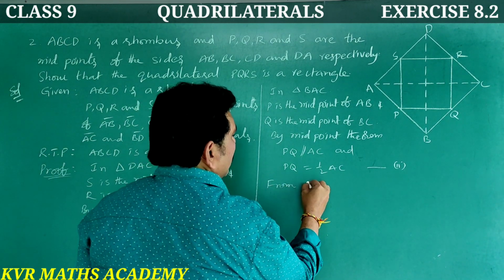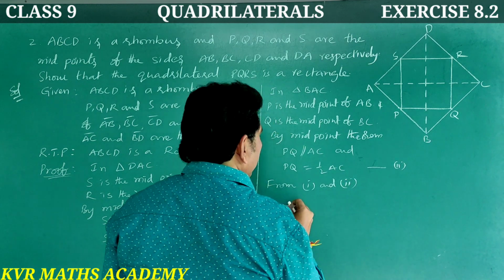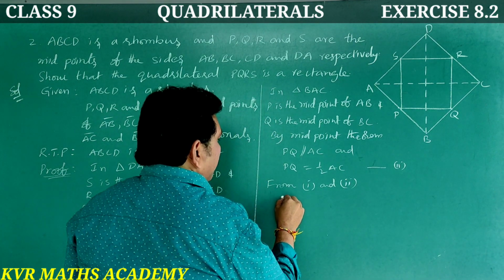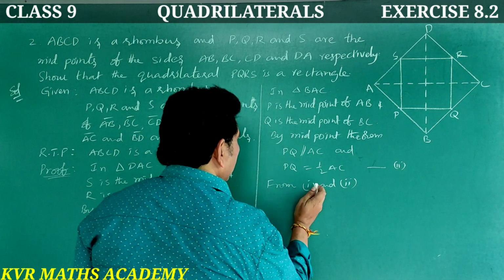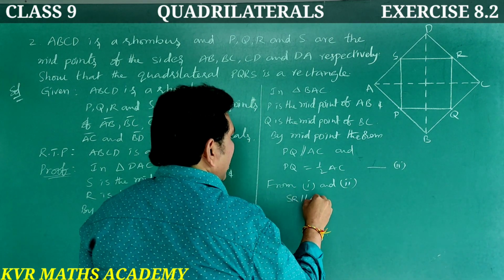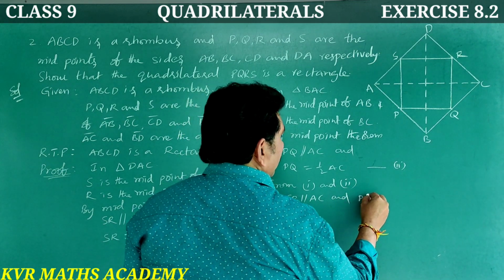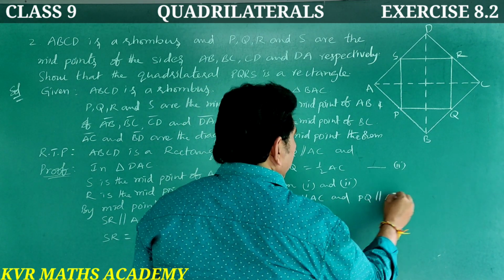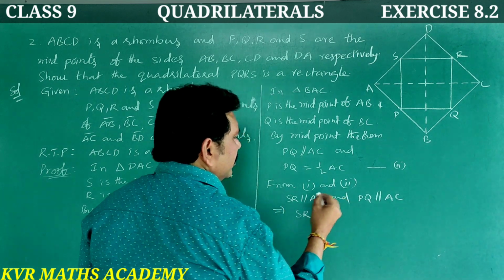From 1 and 2, SR is parallel to AC and PQ is parallel to AC. That implies SR is parallel to PQ.